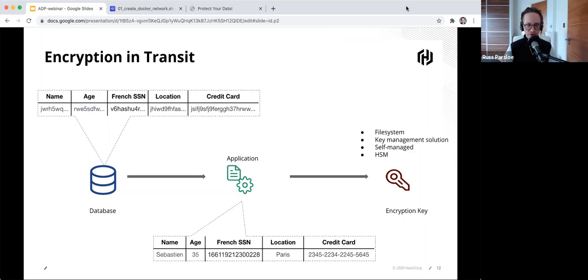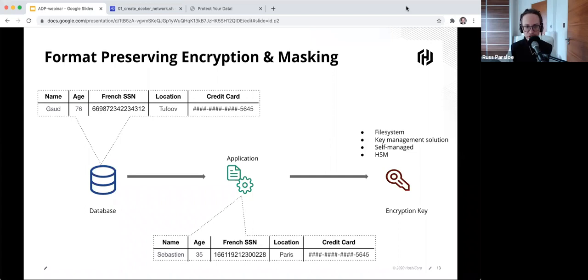If someone was to say to a database, give me all of the data, and you were able to compromise it or get credentials from somewhere, it will return all of that data inside of plain text. So instead of writing to the database in plain text, we'll perhaps again transit our information through some kind of encryption system. Again, there are different systems out there, key management solutions, HSMs, something that you've written yourself, so that data, when it actually gets sent to the database, is ciphertext as well, and we protect it in that fashion.